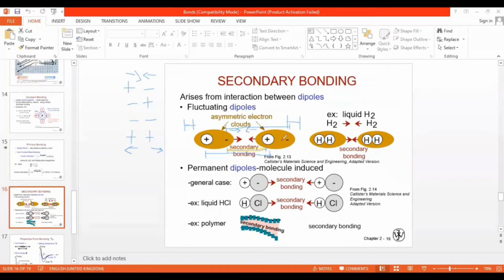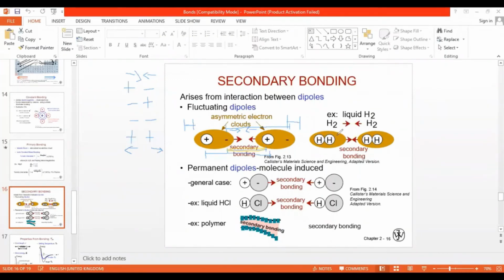So similarly here, this H2 and this H2, this is how they form the bond. This H and this H are covalent bond. This H and this H also covalent bond, right?